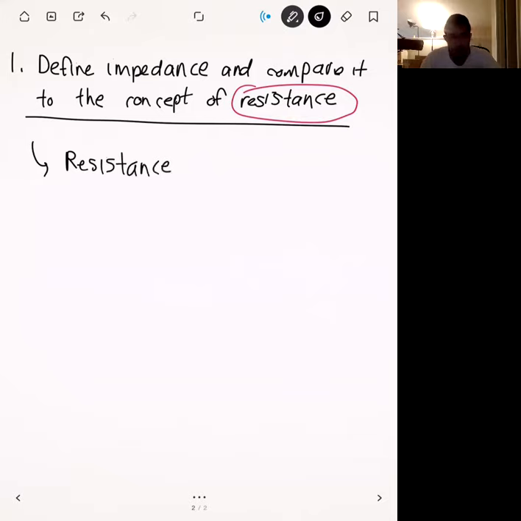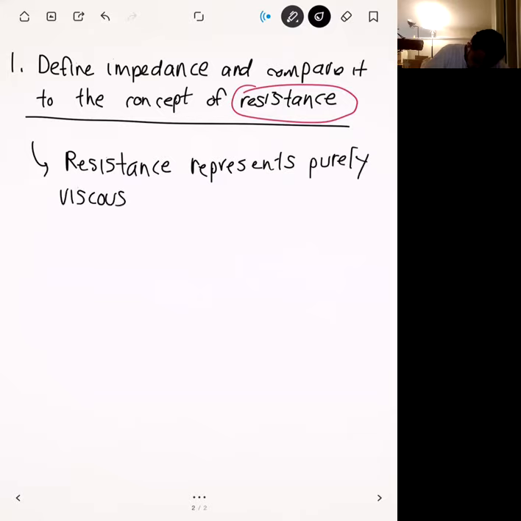It's hard to talk about resistance without using the word resistance. Let me phrase it this way: resistance represents purely viscous resistance to fluid flow.